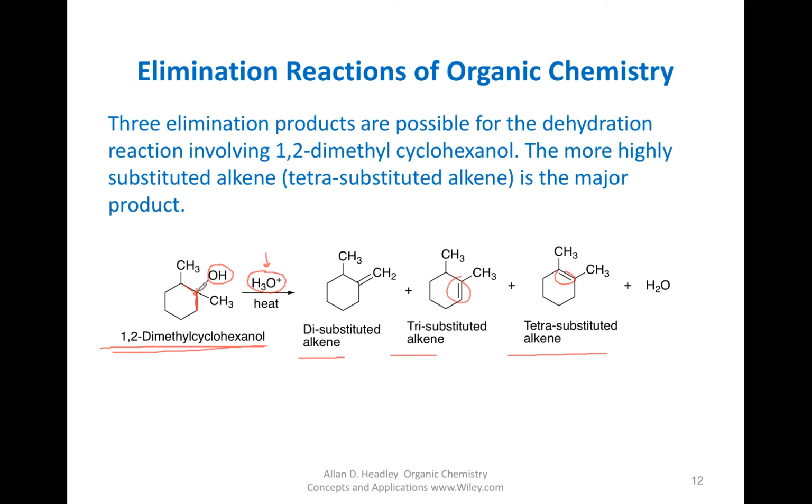Or we can form a double bond here, and here it is. So we have 3 possible products when we carry out an E1 dehydration on a molecule like this.